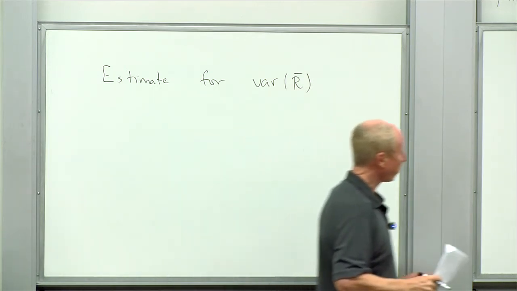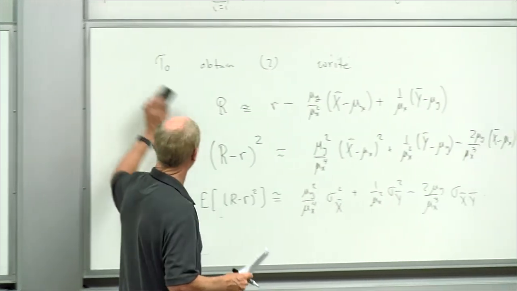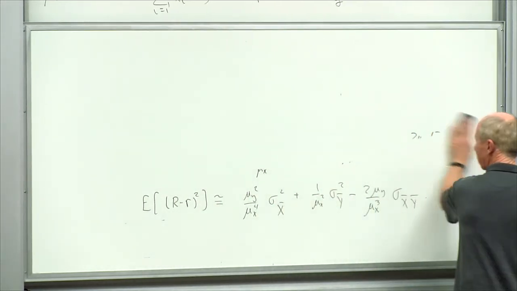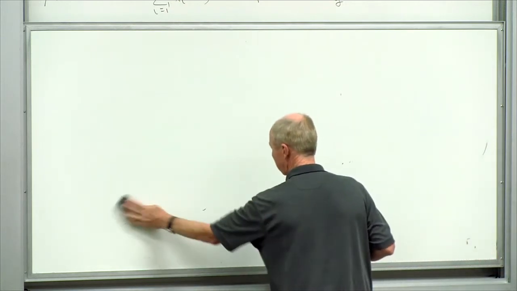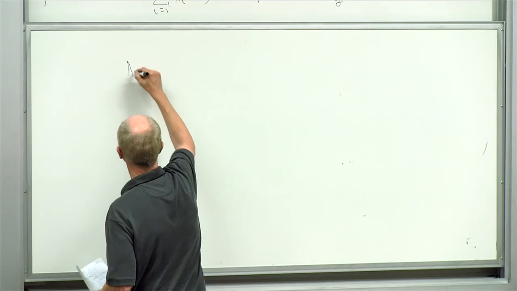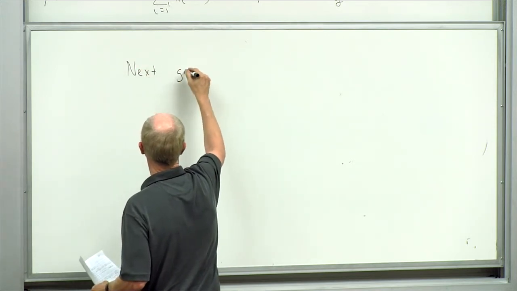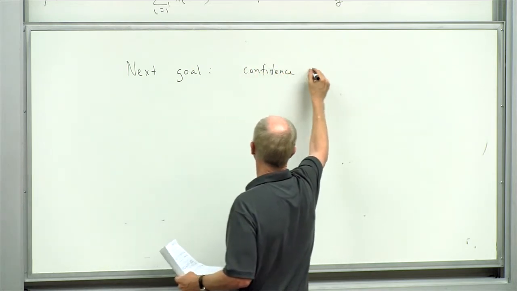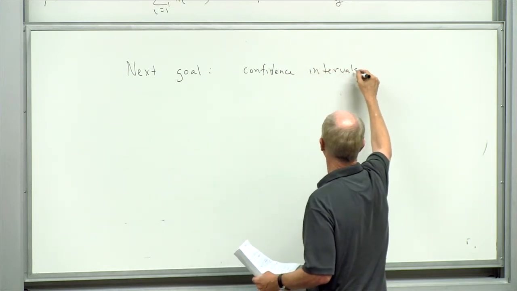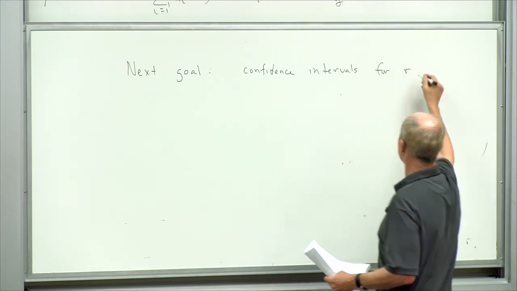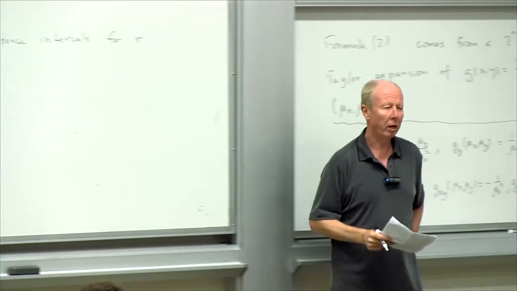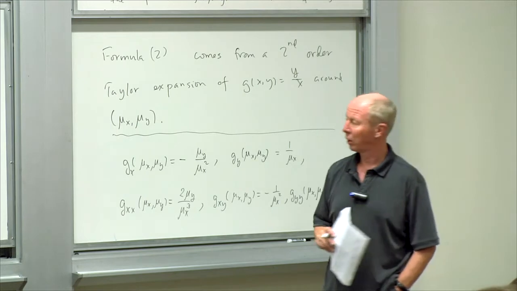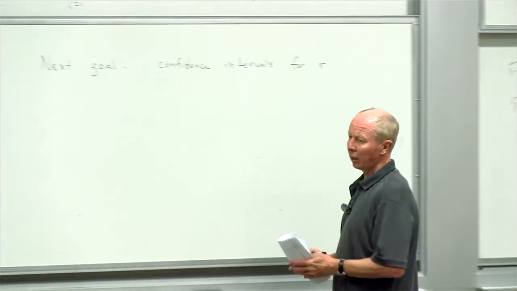So we're going to try to get confidence intervals for little r. Okay, so let's think about how we got a confidence interval for mu sub x in the case of simple random sampling of a population. What did we do?